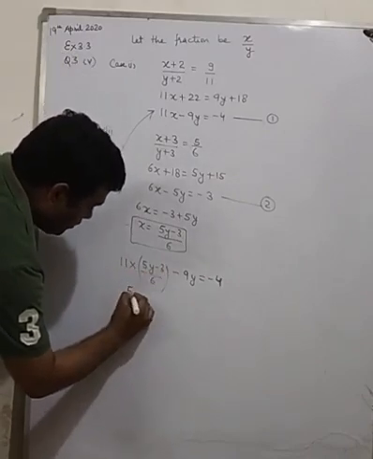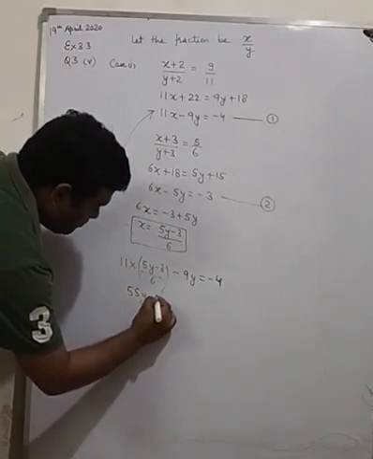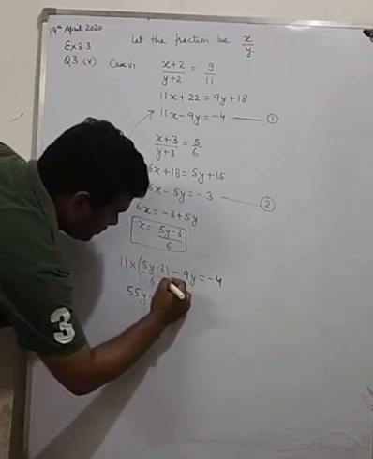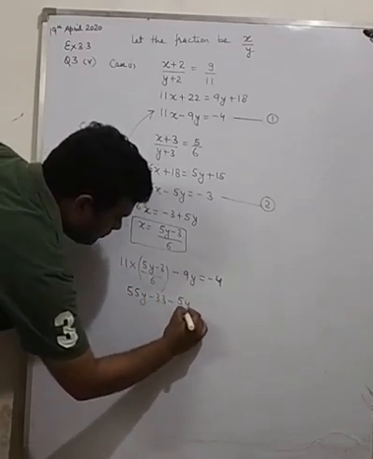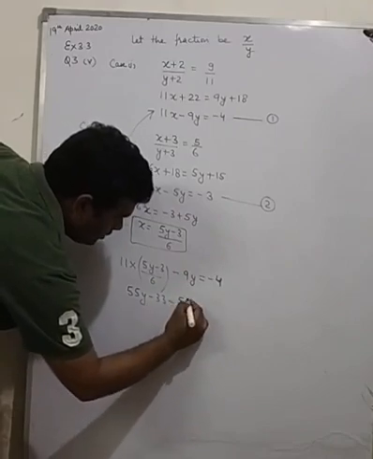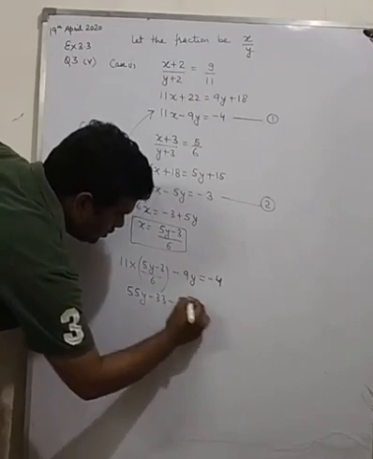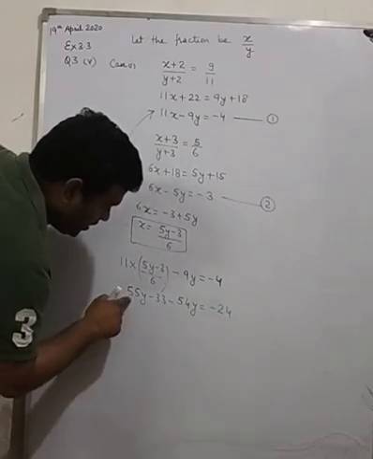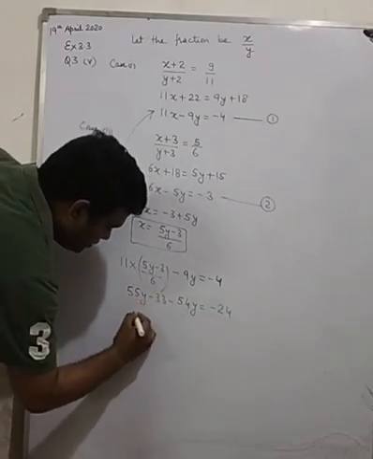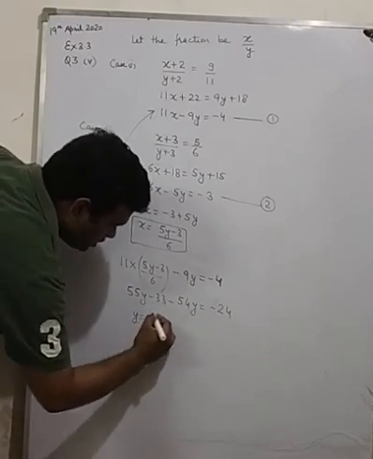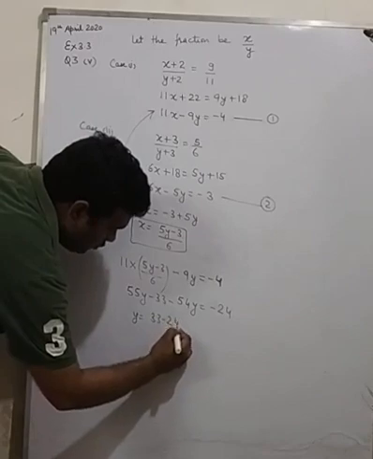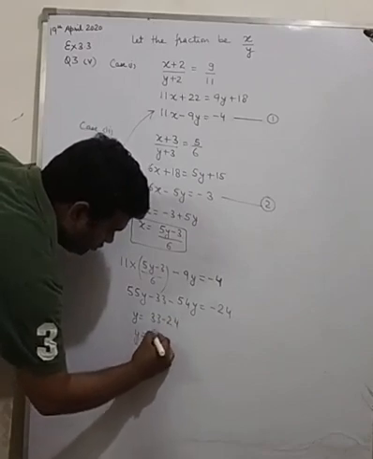So this will be 55y minus 33 minus 54y is equal to minus 24. So 55 minus 54, this is y, and if we transfer this 33 to that side, 33 minus 24, so y is equal to 9.